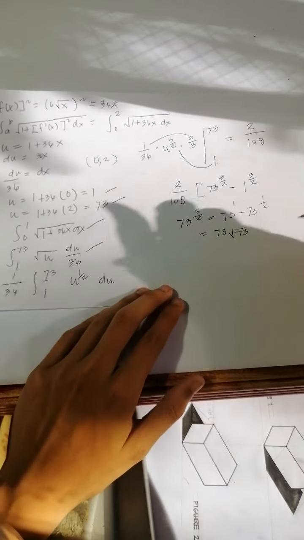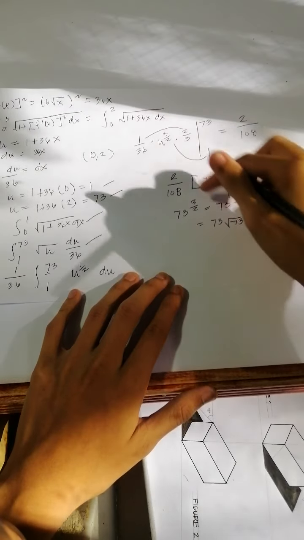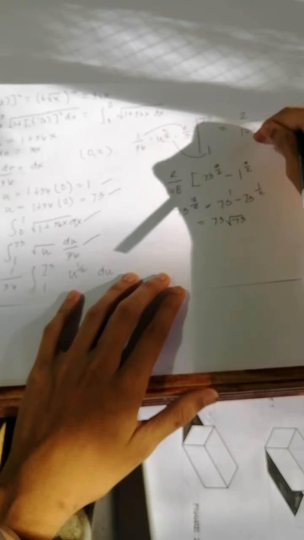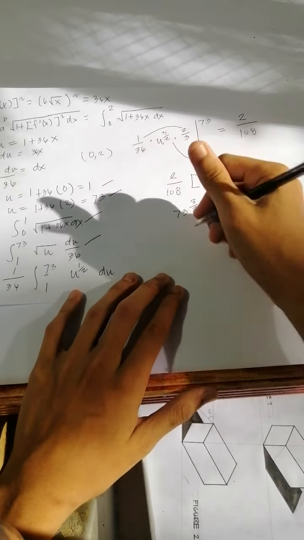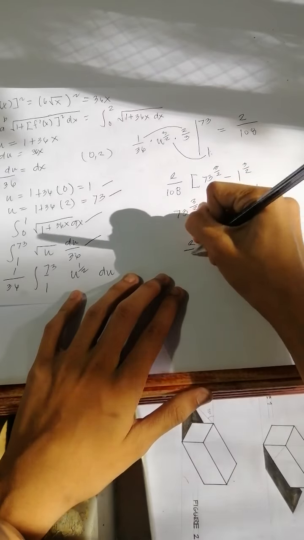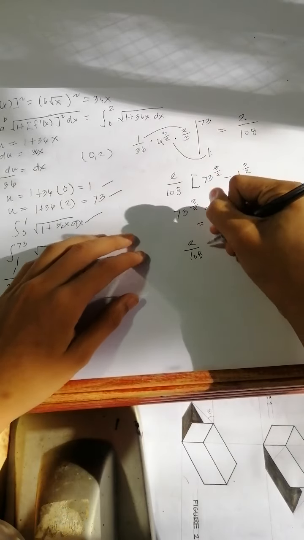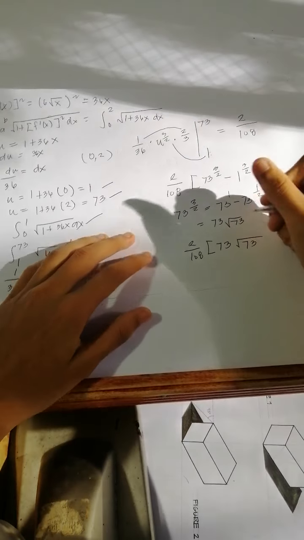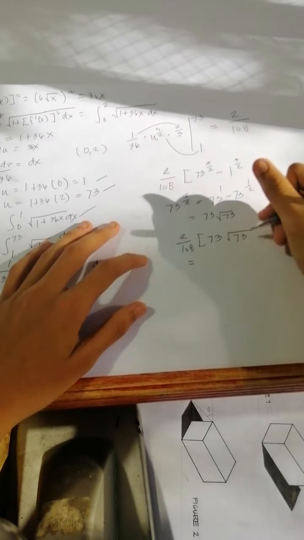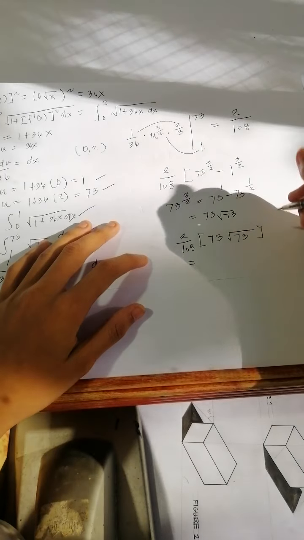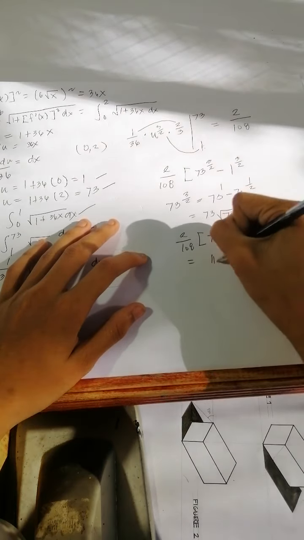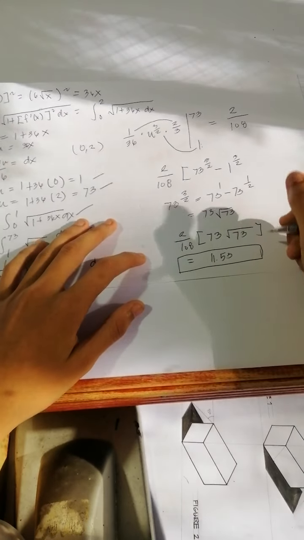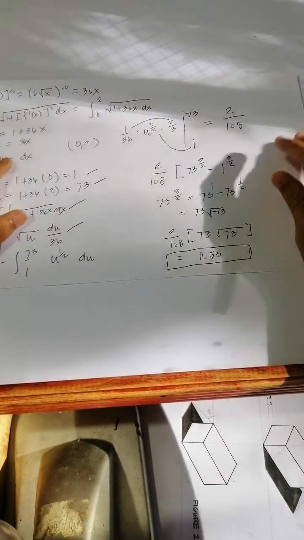And then evaluate this: 2 over 108 times (73 square root of 73 minus 1). If you input this into your scientific calculator, you will have 11.53 as the measurement, or the distance, of your arc length.